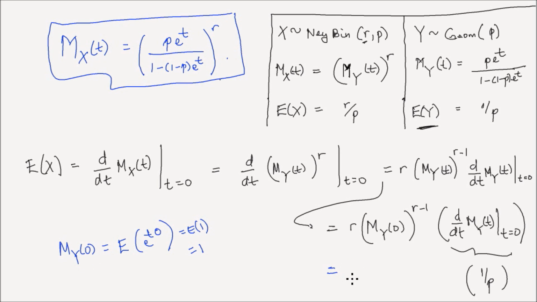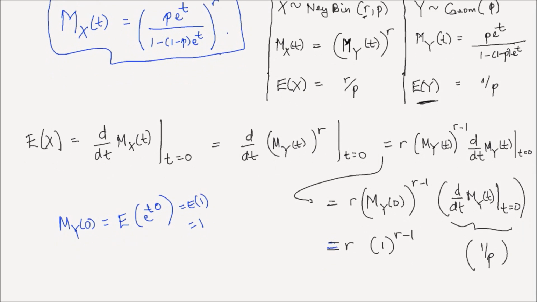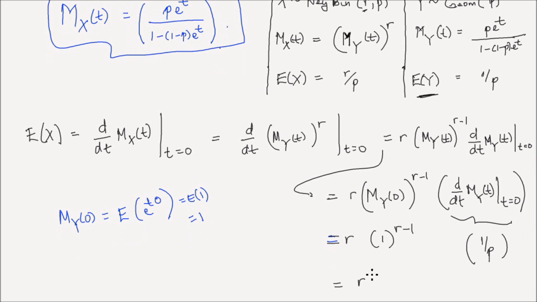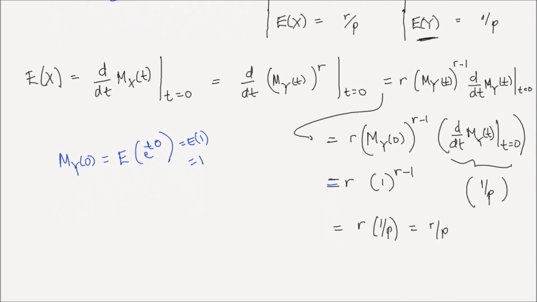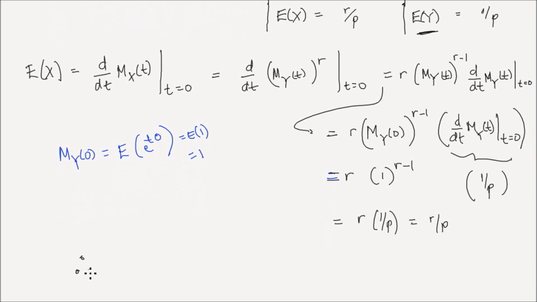So this gives me r times 1 to the power of r minus 1. Therefore, this is equal to r times 1 over p, which is r over p. Therefore, the expected value of a negative binomial random variable is equal to r divided by p.